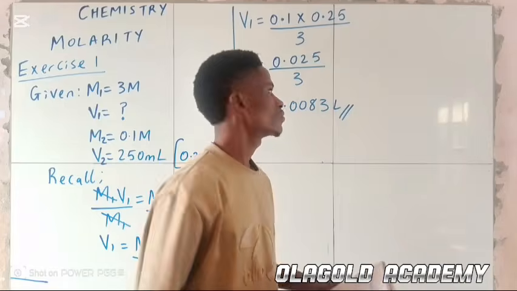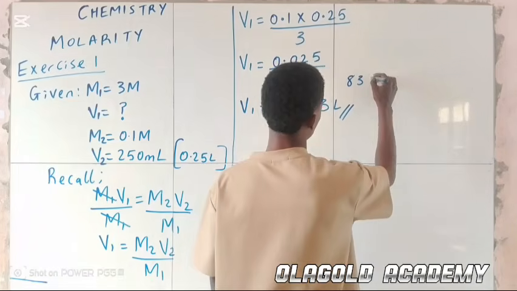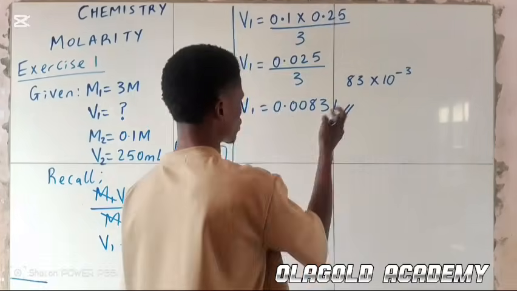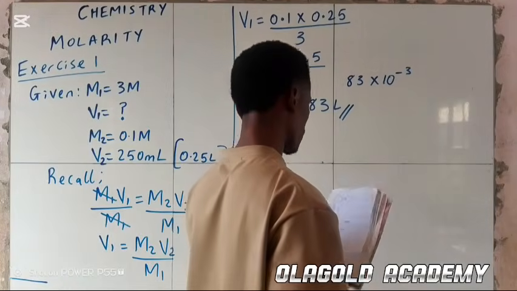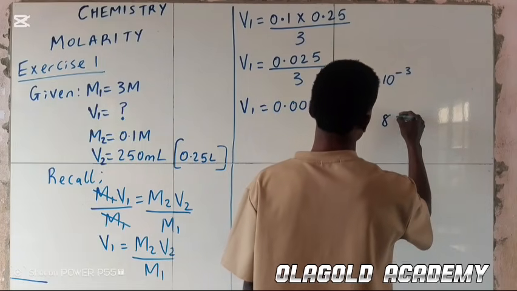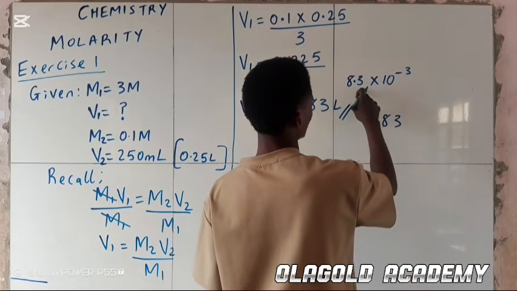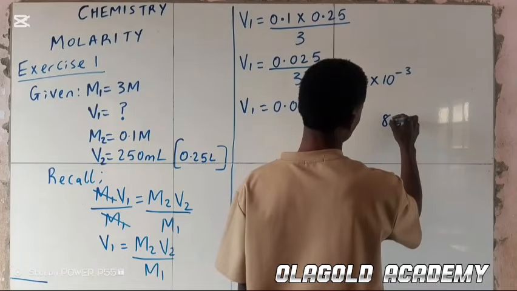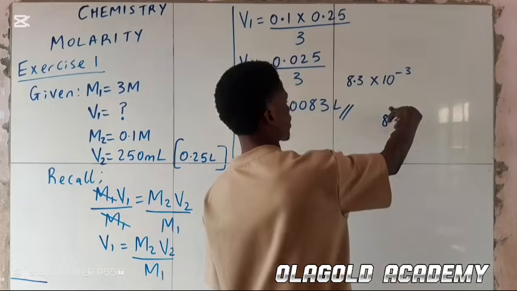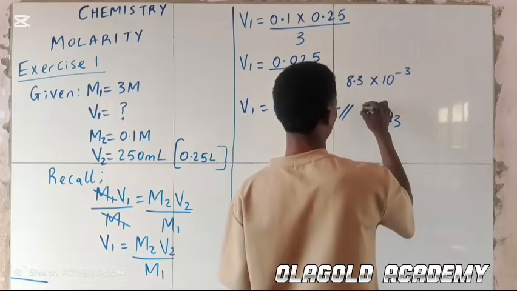If you press your calculator, you can get 8.3 times 10 raised to the power minus 3. It's like you are bringing the decimal point this side 3 times. Minus 3 means you are bringing the 0 to this side 3 times, so we are going to have 1, 2, and 3.